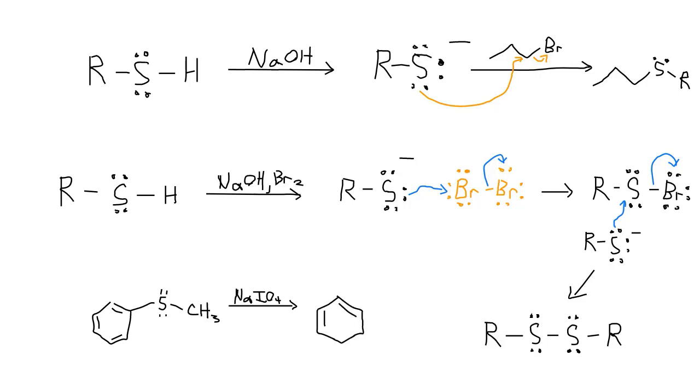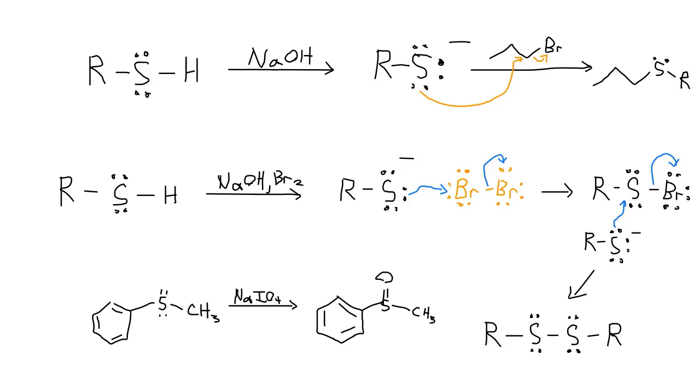I think that's what it's called, sulfoxide. The sulfur here is double bonded to an oxygen. So that's sodium periodate.